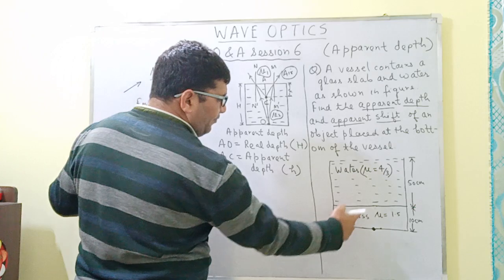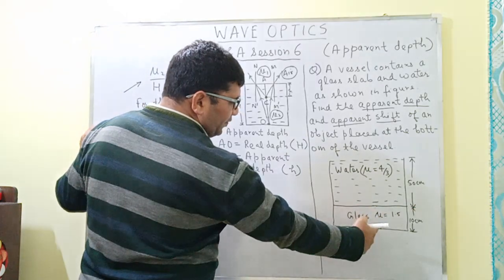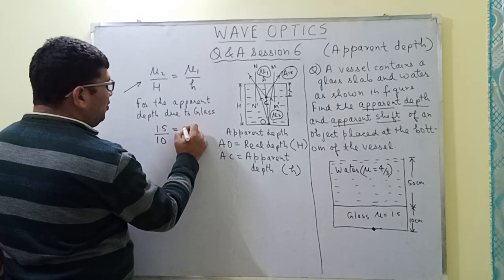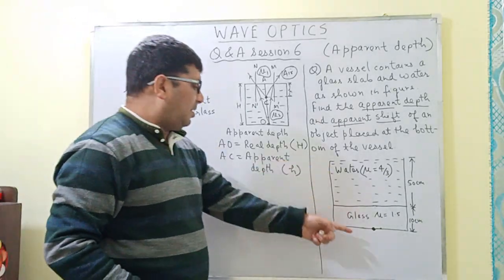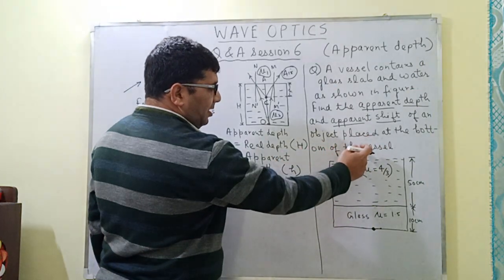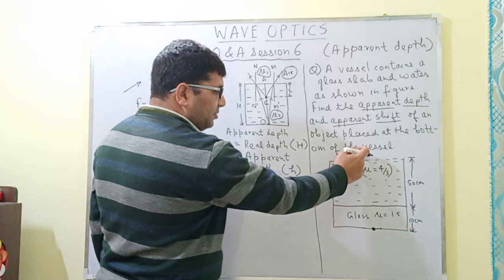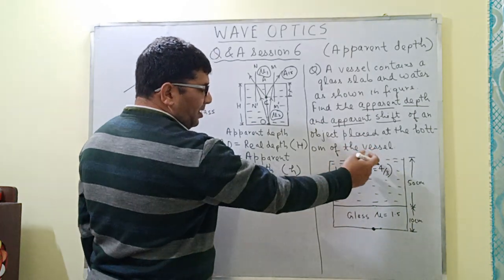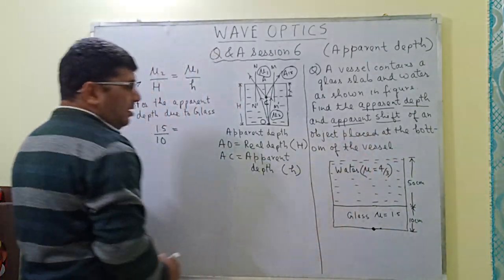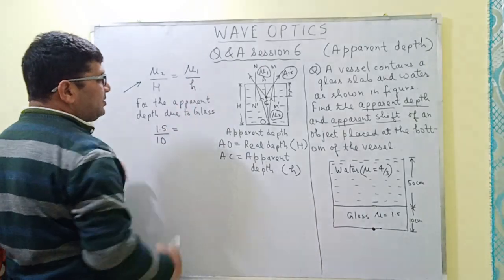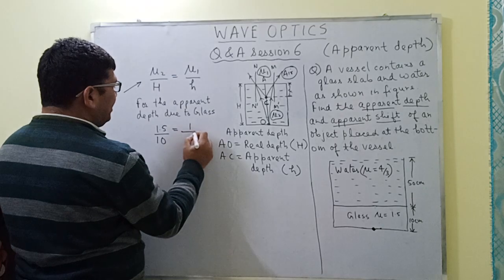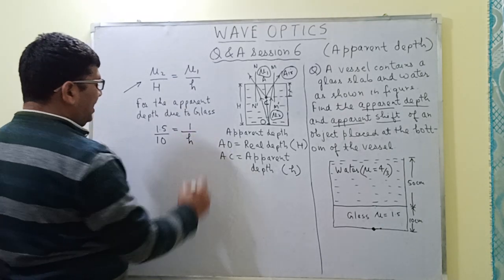H is the real depth of this object, so this is equal to 10. Mu1 is here, see, we are perceiving this object from air, means there is a person who is seeing this object from the top, and this medium is air. So here the mu1 will be the absolute refractive index of air, which is equal to 1, divided by h.